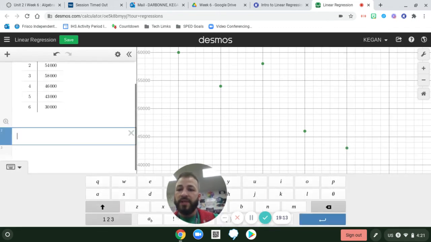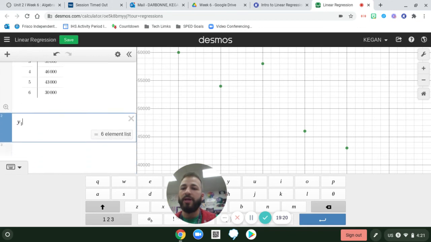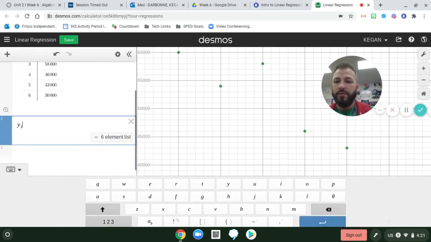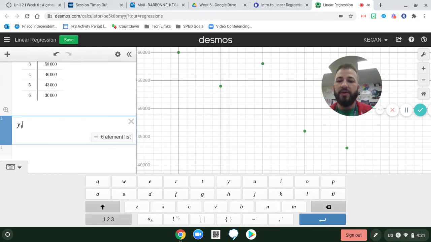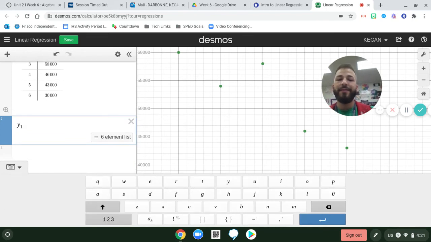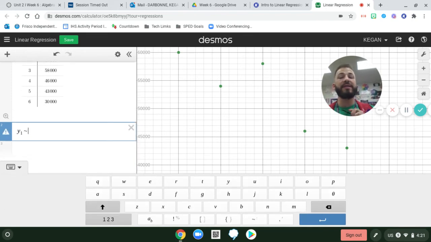Okay. So then here in my equation, I type y1 because it's x1 and y1. So y1, and then I want the about equals, just as a refresher. Okay, when you hit the little keyboard button, you hit ABC, and it's going to take you to that little squiggly line, which means estimate.